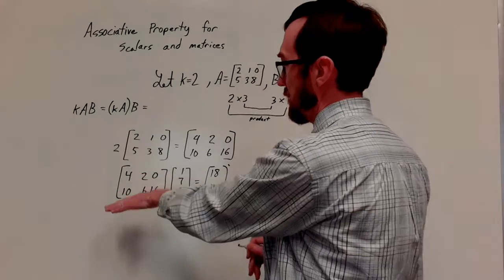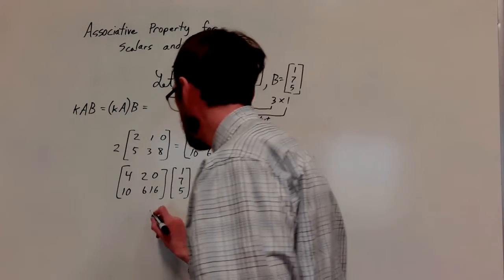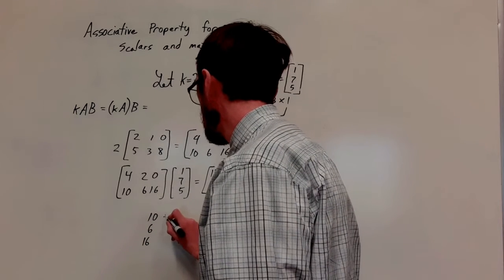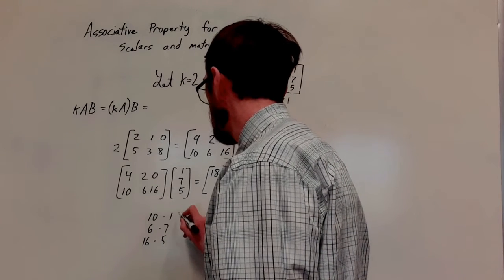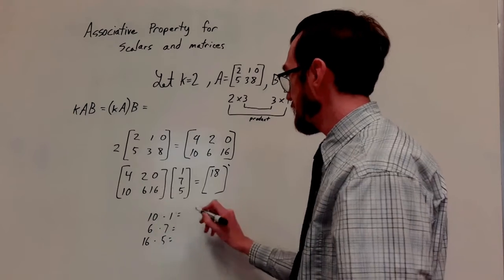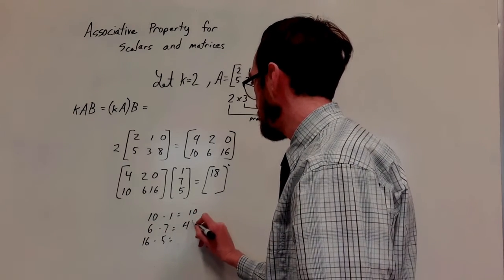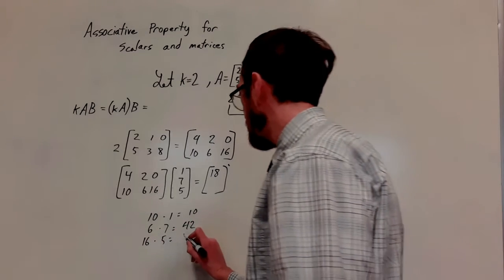We are going to take our second row, set it upright, and then multiply by this column. We have 10 times 1 is 10, 6 times 7 is 42, and 16 times 5 is 80.